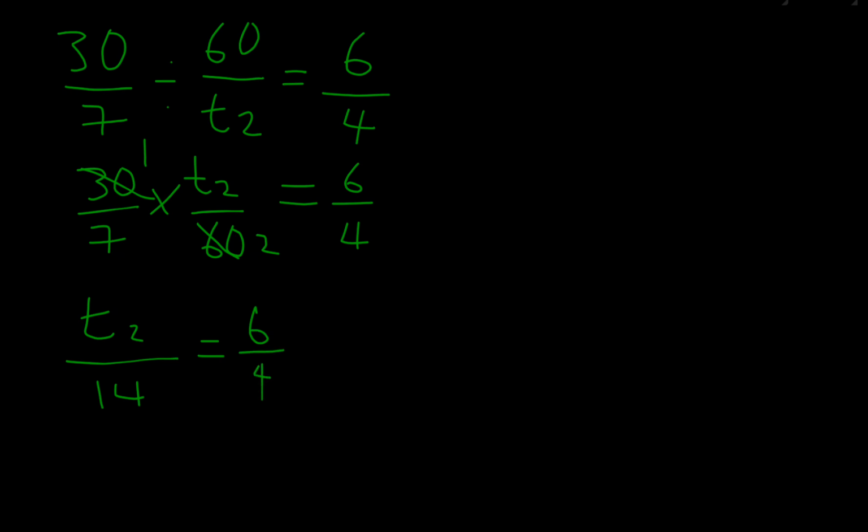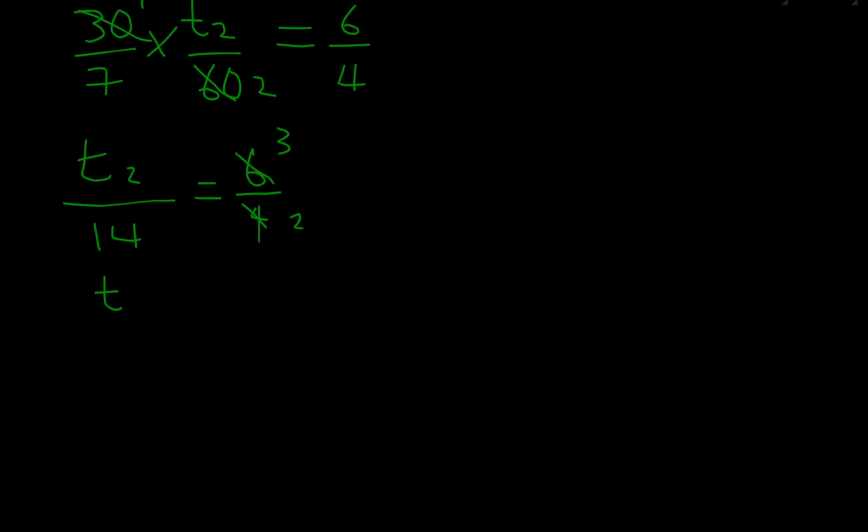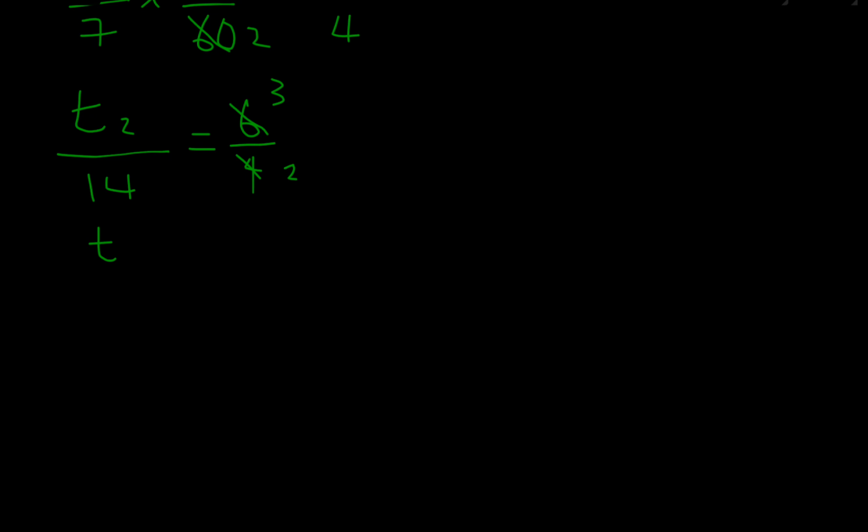Now note, we can break this down. 2 into 6 is 3, 2 into 4 is 2. So this could also be written as T2 over 14 equals 3 over 2. Now next we cross multiply.